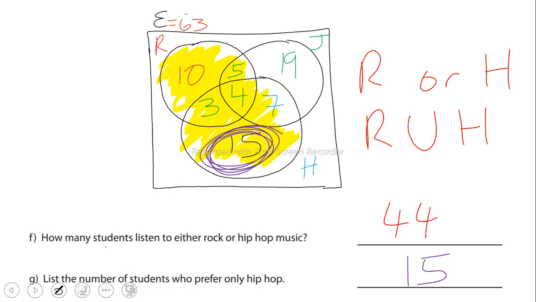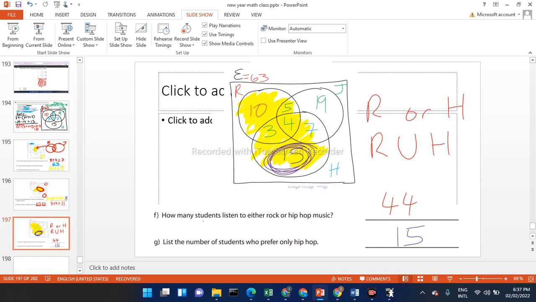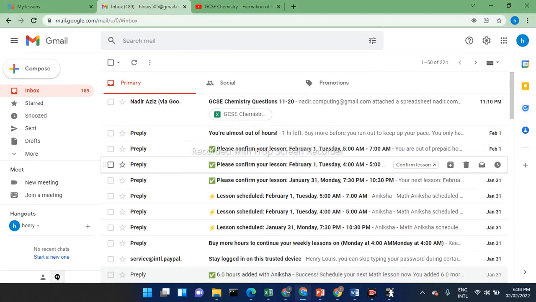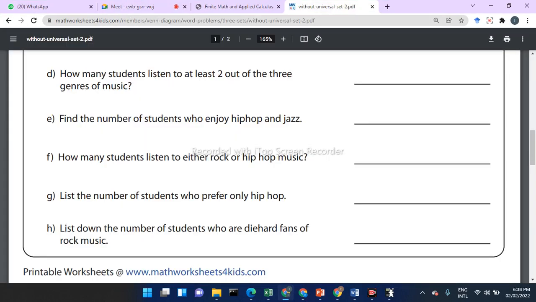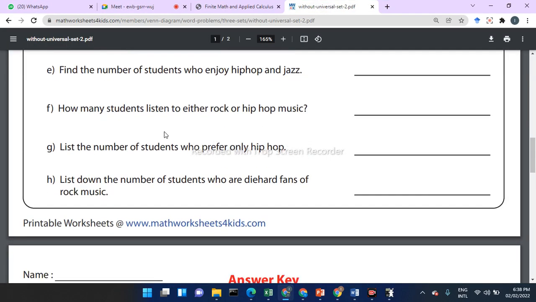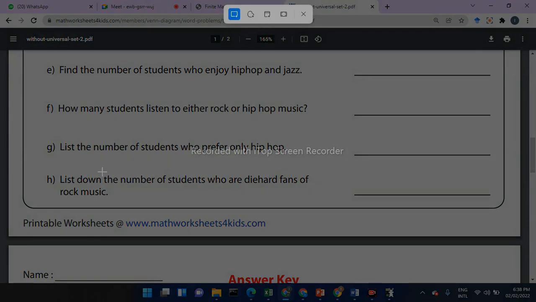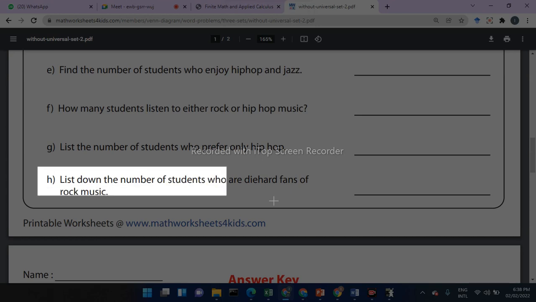Alright, so next up, we have F and G, and now we're going to do the last one: list down the number of students who are diehard fans of rock music.